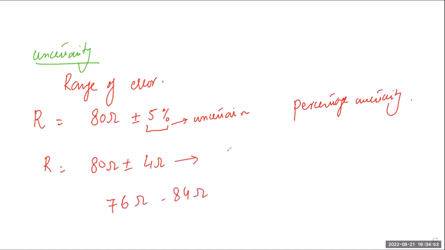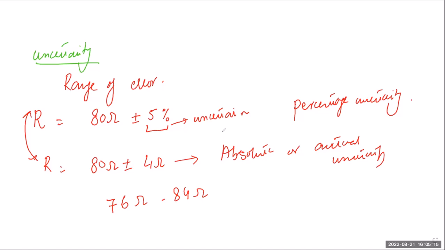This part of the writing is called absolute or actual uncertainty. So these two are basically equal things, but we are expressing the terms in different forms.